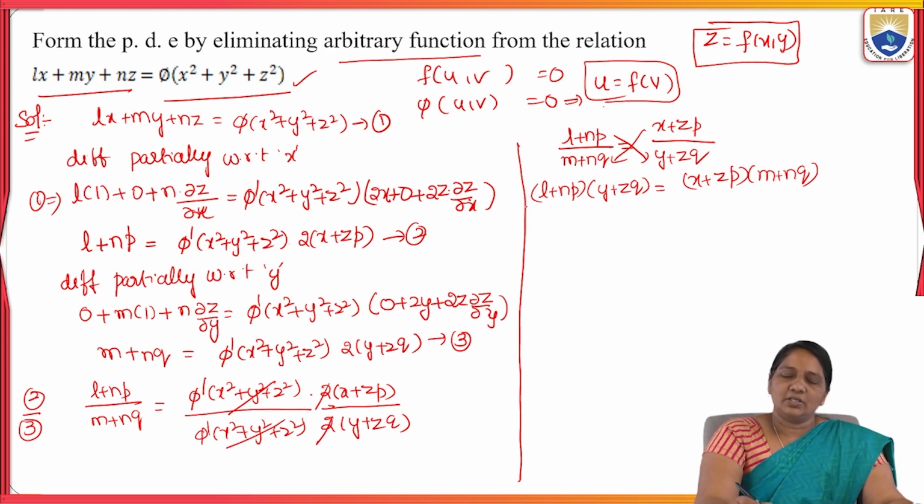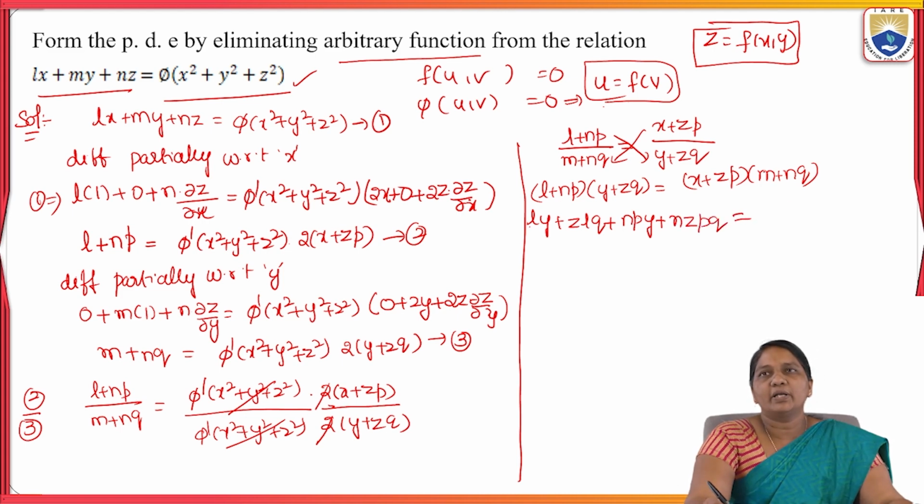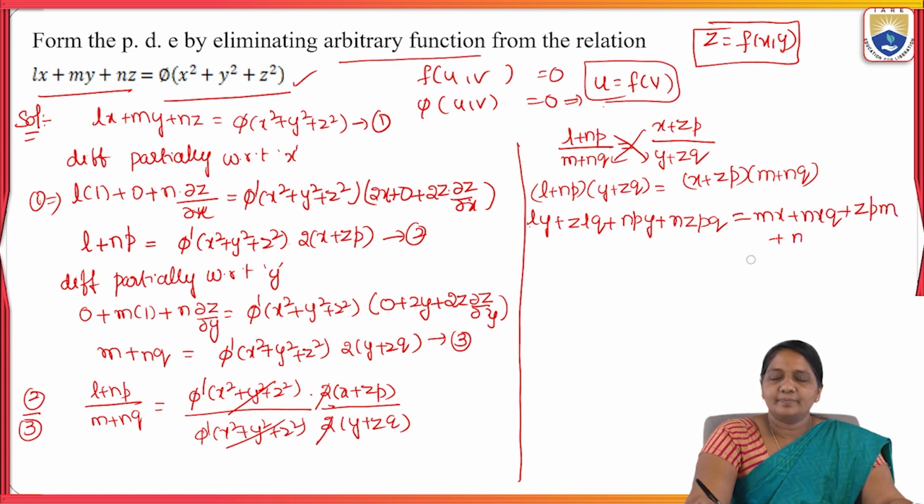Now multiply the terms. l multiplied with this term gives ly plus zlq, plus npy plus nz into pq, is equal to, now multiplying this one, m into x plus nxq plus zpm plus nz into pq.